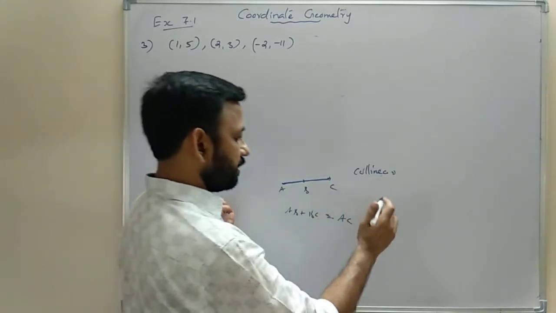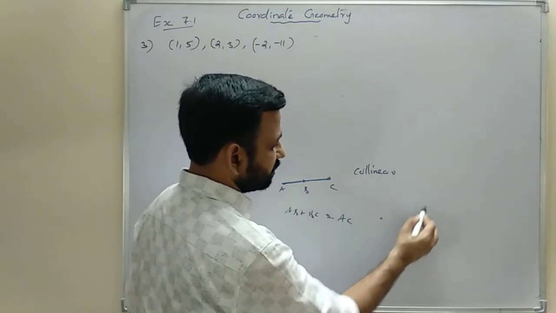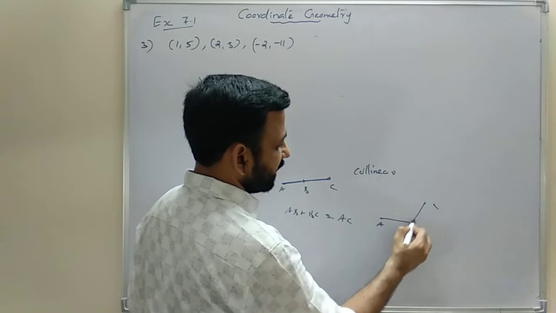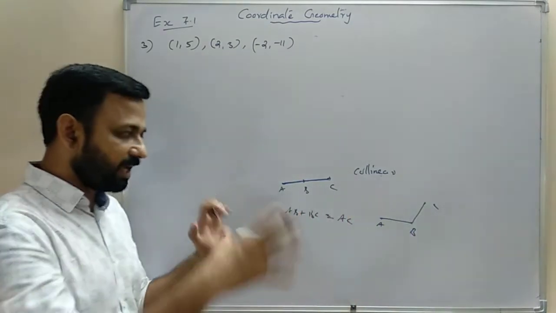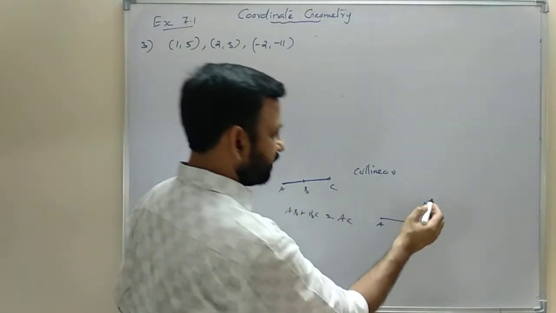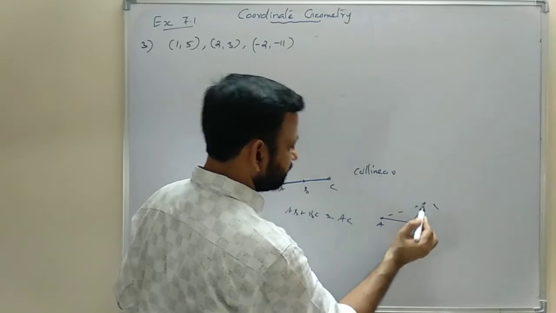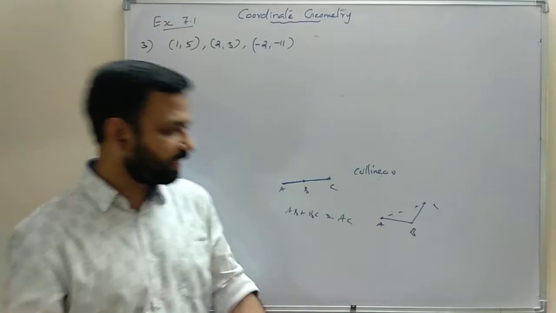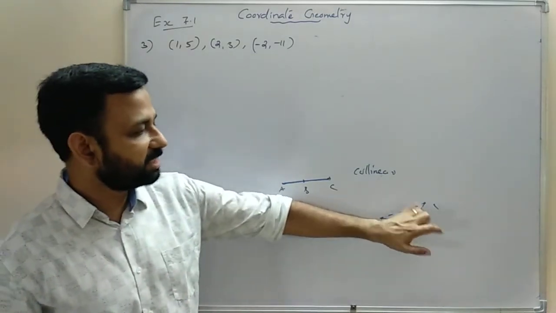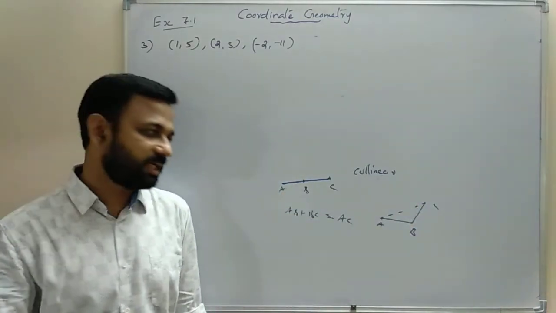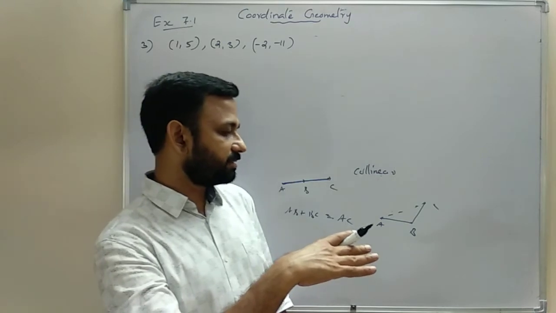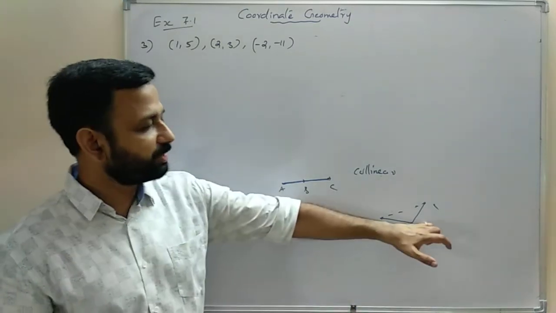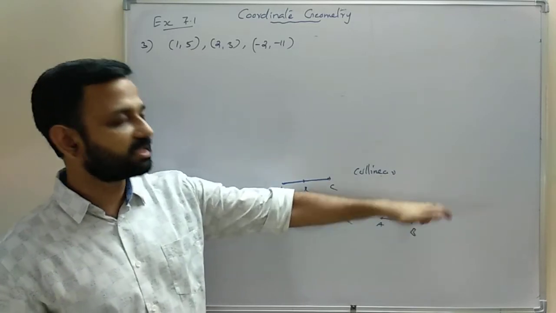And if they are non-collinear, that means if they are not on the same line, then when we join them we get a triangle, and we can find AB and BC. If they are not collinear, then AB plus BC is greater than AC. That is the property that in a triangle, the sum of any 2 sides is greater than the third side.